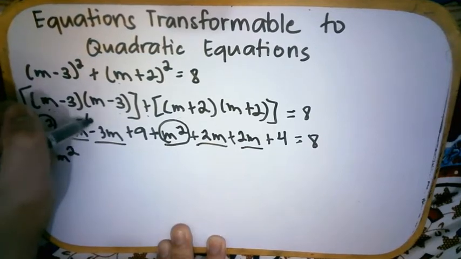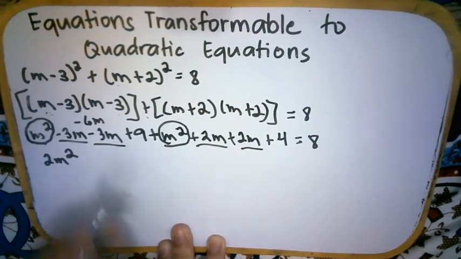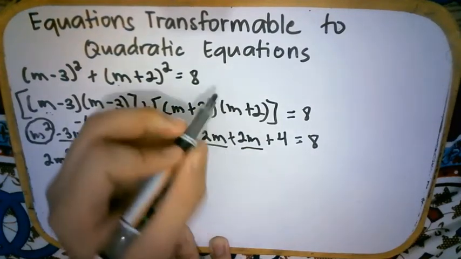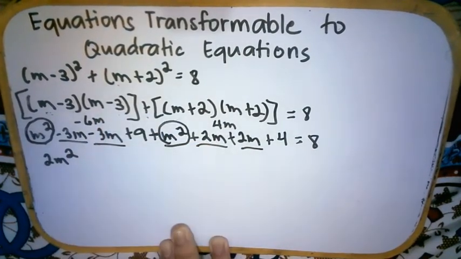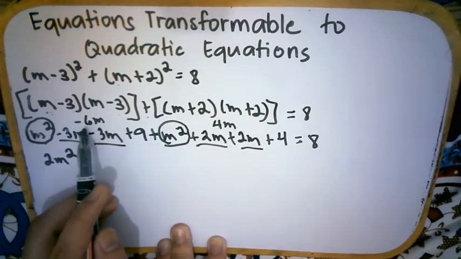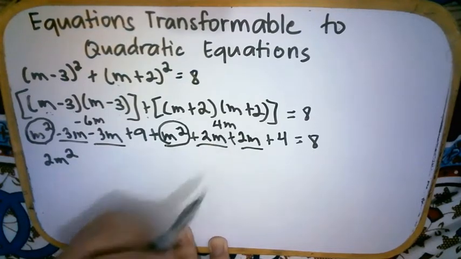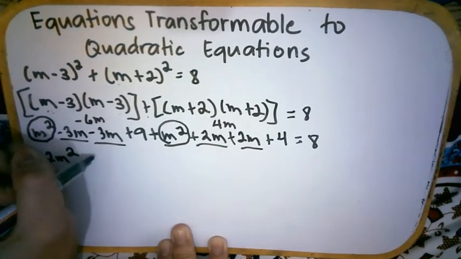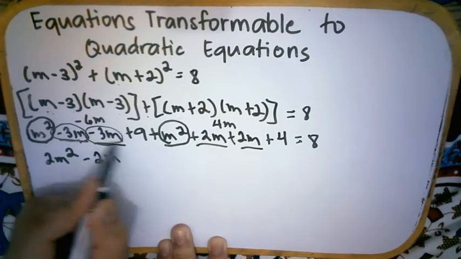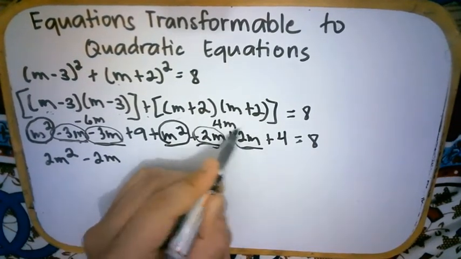And then 2m plus 2m is equal to 4m. After that, combine pa natin tong dalawa. Negative 6m plus 4m will be negative 2m. So we are done with the variable with m.